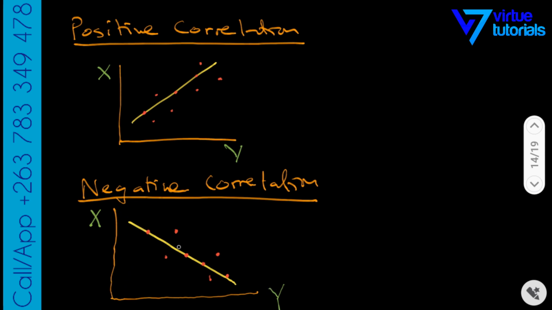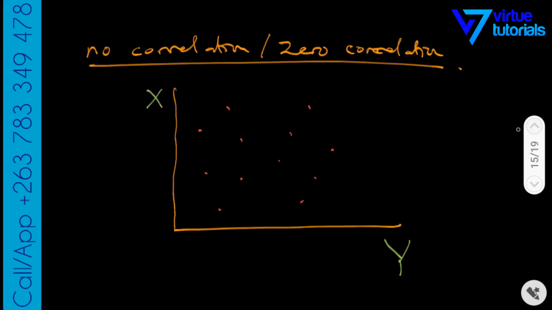If there's a downward trend, we say there is negative correlation between the two variables, x and y, whatever they may be. And then if there's an upward trend, as y increases, x is also increasing, we say there's positive correlation.